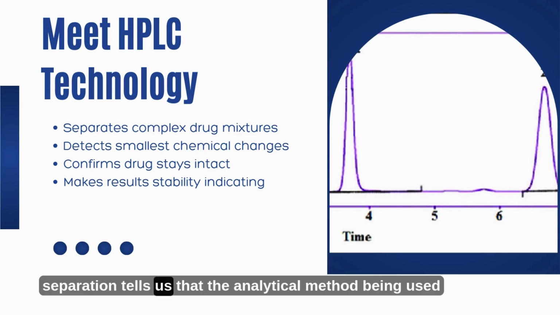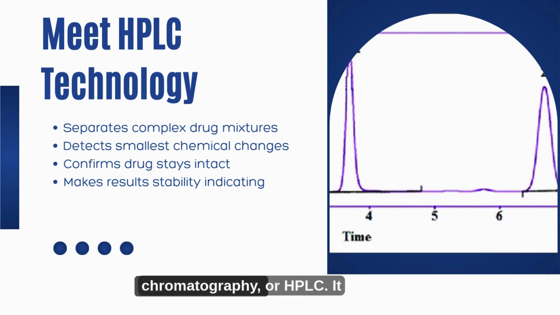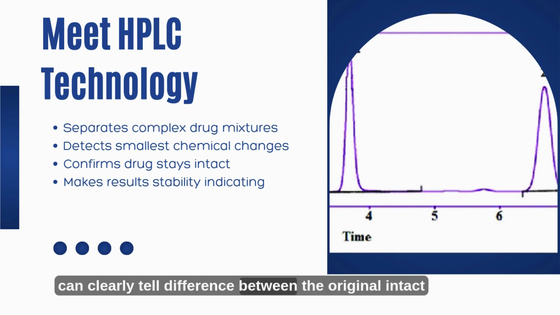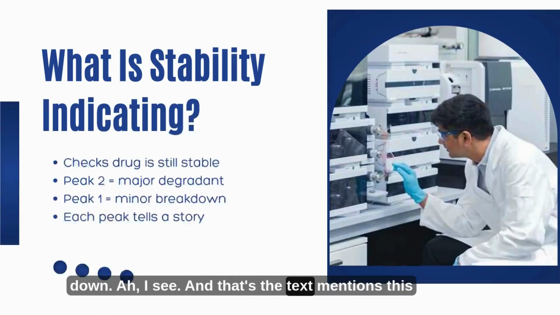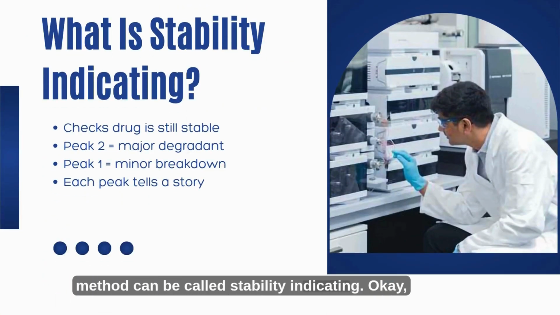That separation tells us that the analytical method being used in this case is something called high-pressure liquid chromatography, or HPLC. It can clearly tell the difference between the original intact drug and any bits of it that have broken down. I see. And that's why the text mentions this method can be called stability indicating. Okay, stability indicating assay. So it's basically a test that can tell us if the drug is still in good shape or if it's starting to fall apart.